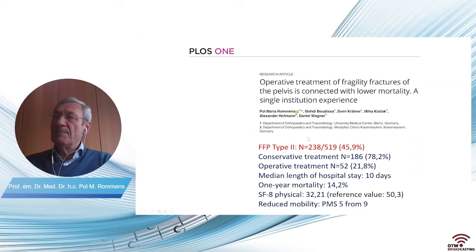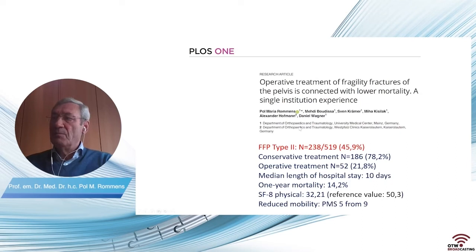We looked back at 519 patients from our department with these types of lesion. The type 2, which is the group with undisplaced posterior lesions, counted for 238 patients, somewhat lower than 50%.